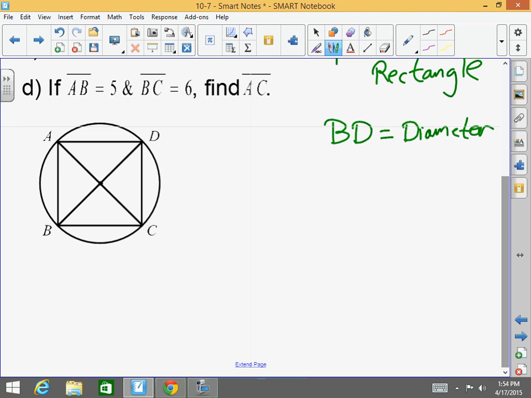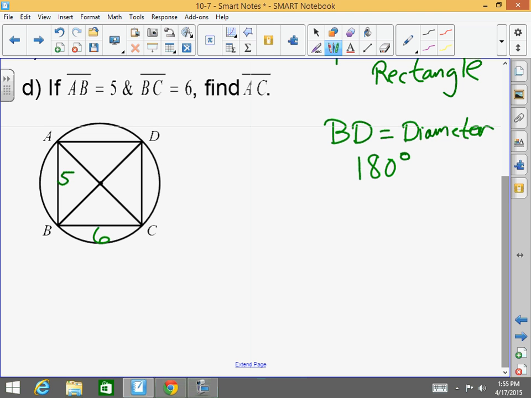And what is the degree measure of a diameter? 180. You with me here, guys? Okay, now, if AB equals 5 and BC equals 6, I want you to find AC.